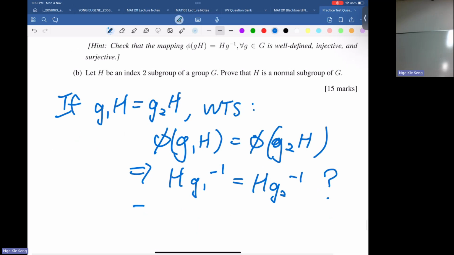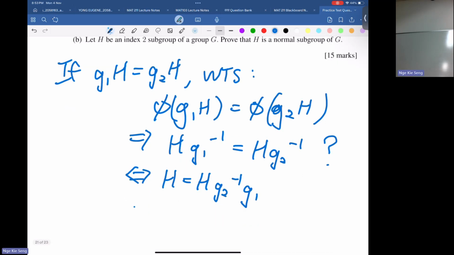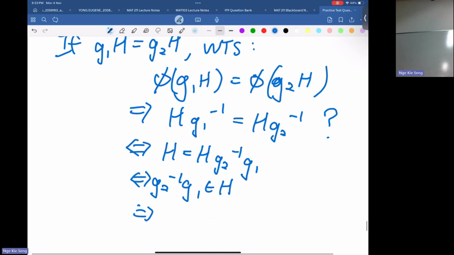This is true if and only if what? H equals H G2 inverse G1. Is this true? When is this true? This is true if G2 inverse G1 is in H. This is true if and only if G1 is in the same left coset as G2.